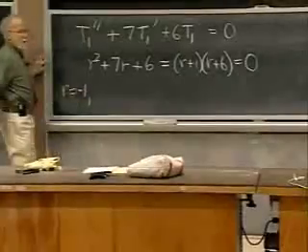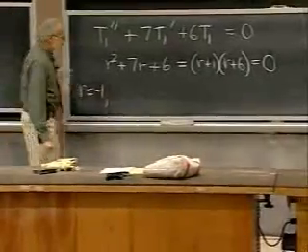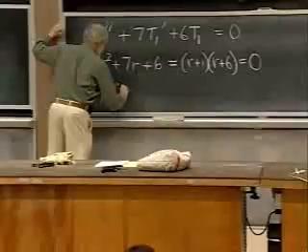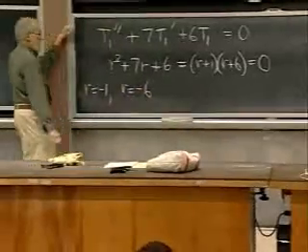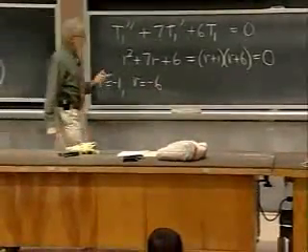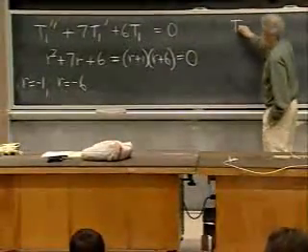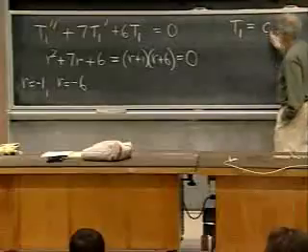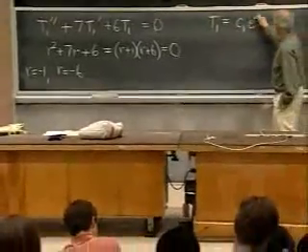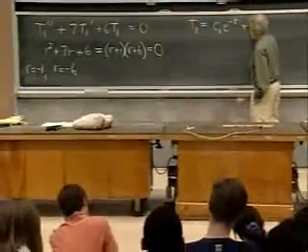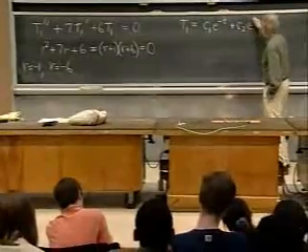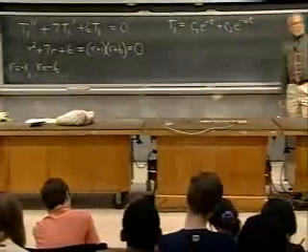I'm just making marks on the board, but you've done this often enough, you know what I'm talking about. So the characteristic roots are those two numbers, and therefore I could write down the solution immediately, with its arbitrary constants, as C1 times e to the -t plus C2 times e to the -6t. Ta-da!